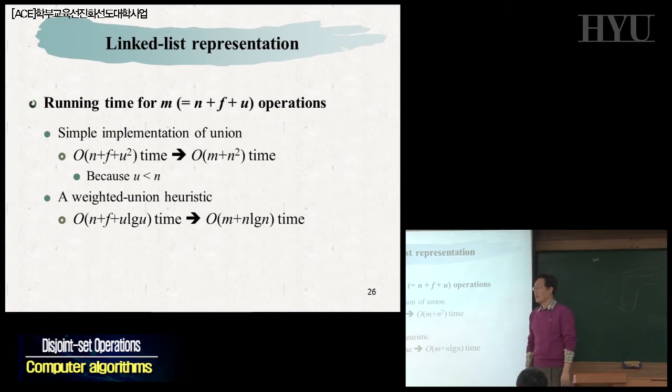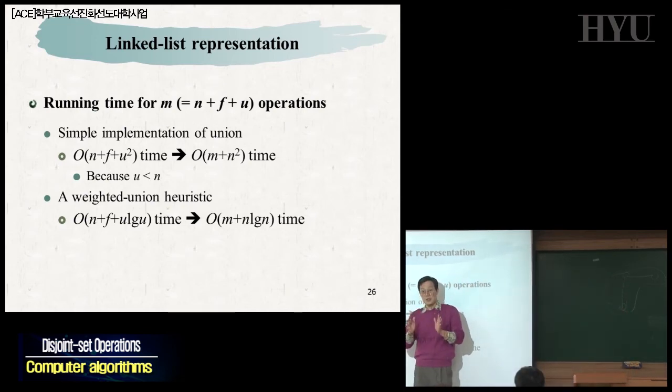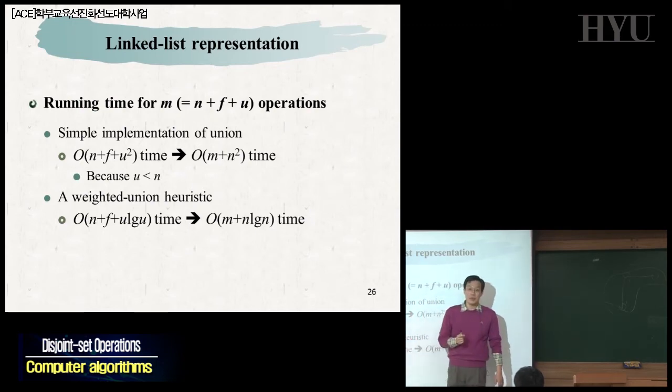First, a simple and naive implementation of union takes n plus f plus u squared time. Okay, try to understand this. Each make set operation takes constant time, and there are n make set operations, so it's n.